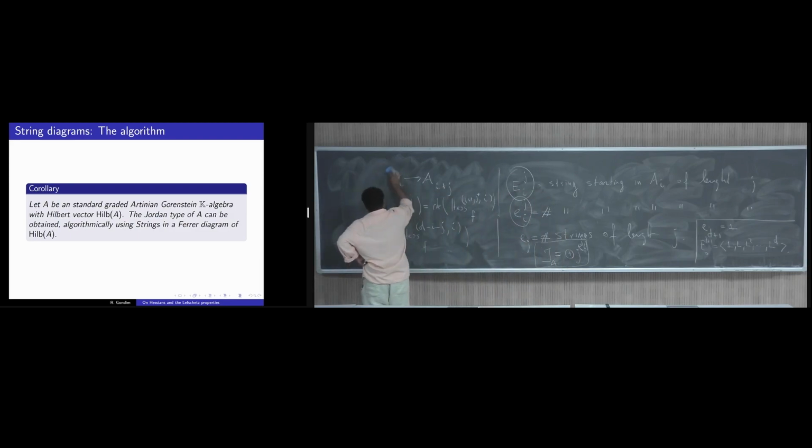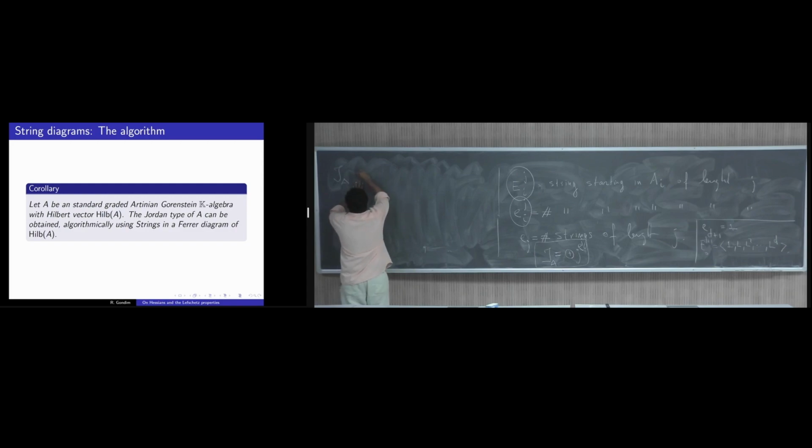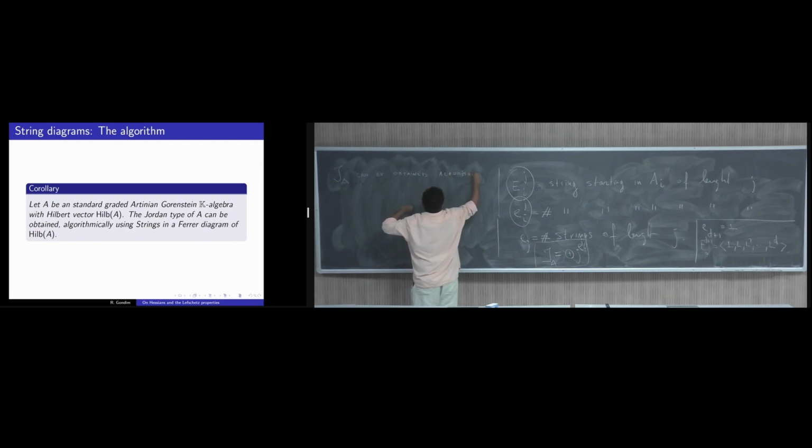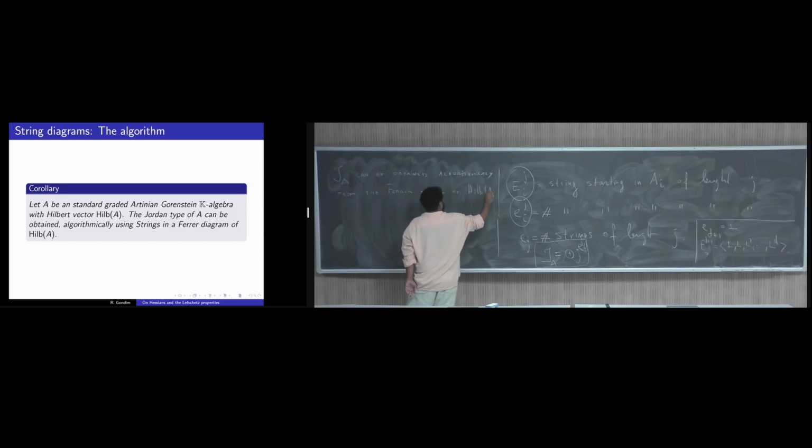Let me write this here. The Jordan type of A can be obtained algorithmically from the Ferrer diagram of Hilb A by computing the rank of mixed Hessians.